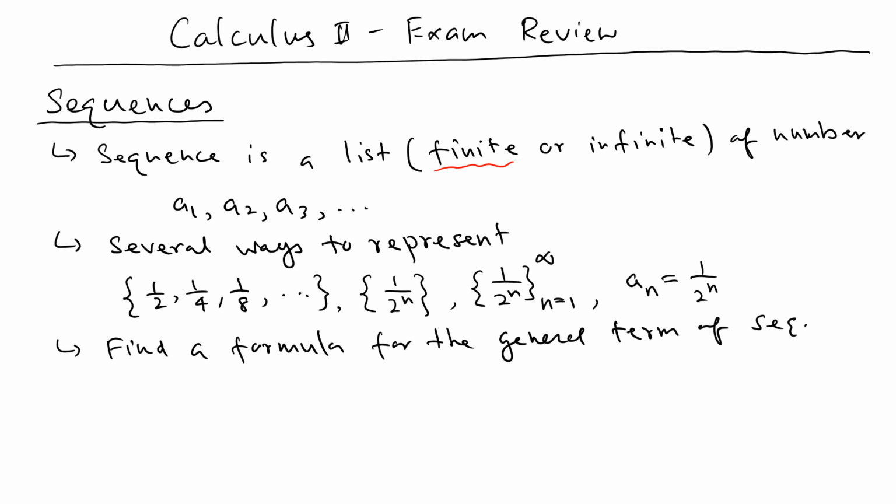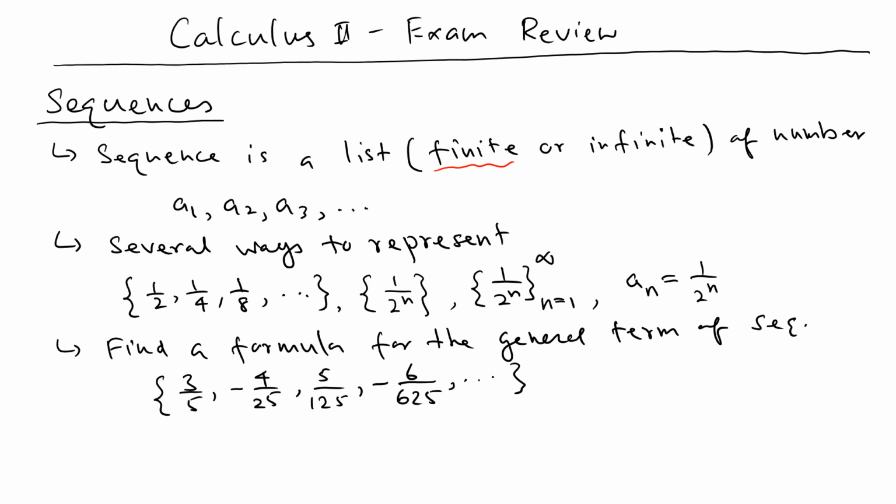Let's say your sequence is given like this: 3/5, that's the first term, and then the second term is negative 4/25. The next term is positive 5/125. The next one is negative 6/625, like that. So we put 3 dots to mean that it's going to continue.